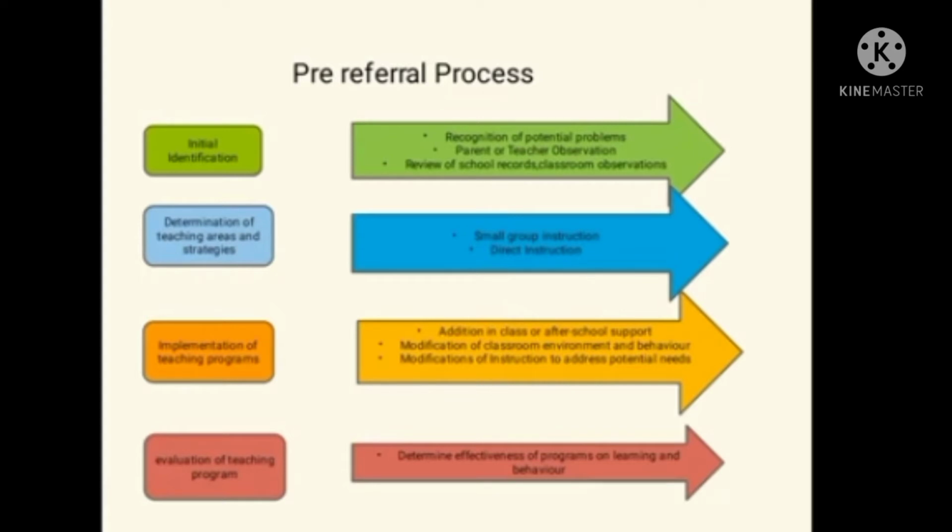So, implementation and monitoring are often the responsibility of the classroom teacher, though others on the team may serve as support. At this stage, data is collected and will be used to help the team determine the effectiveness of the intervention.